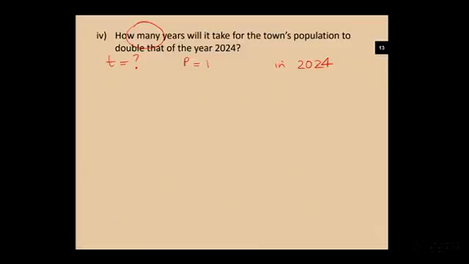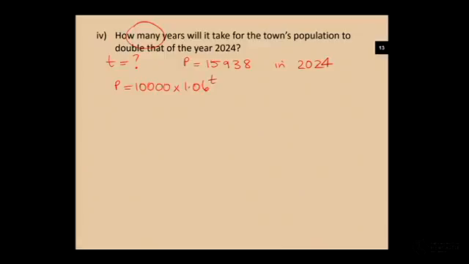Oh, hang on, it was 15,000, wasn't it? So it was 15,938. Check on that number, whoever called out the other one. And again, the question says, how many years will it take for the town's population to double that of 2024? So again, you can start with the initial one, which said 10,000, times by 1.06 to the t.